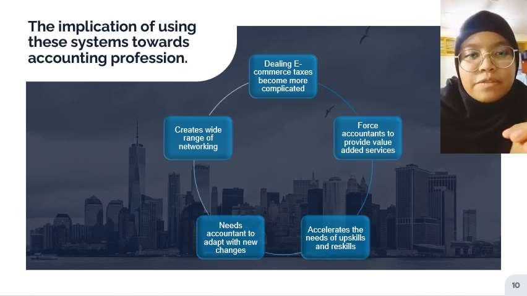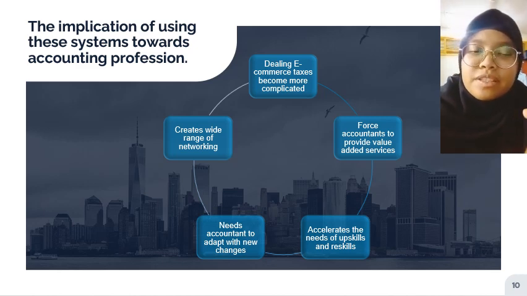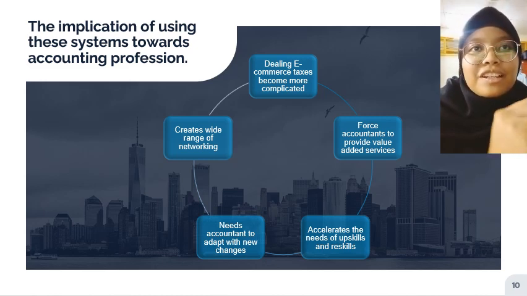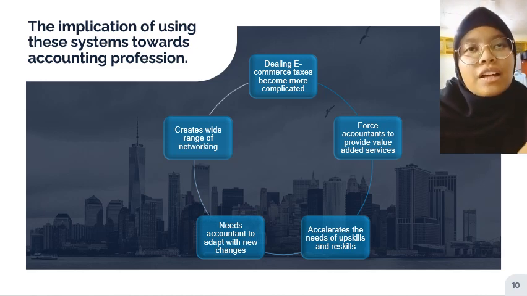The implication of using these e-commerce systems toward the accounting profession. The first one is that e-commerce taxes become more complicated. Basically, the traditional tax filing is already complicated.